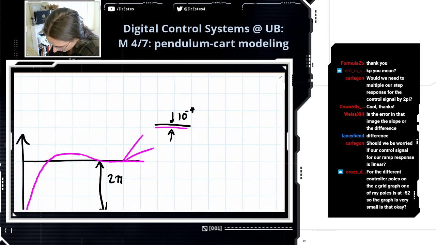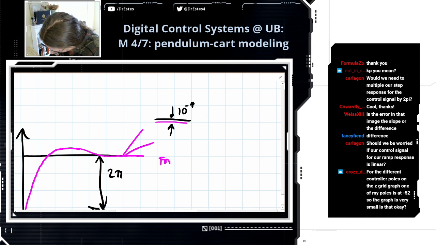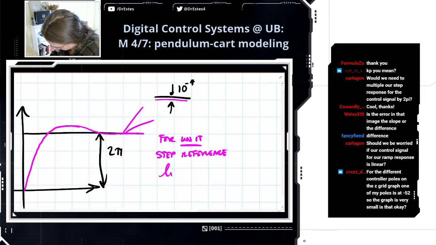But Kp, let's see, for a unit step reference, the error as we go towards infinity is 1 over 1 plus Kp, I think.